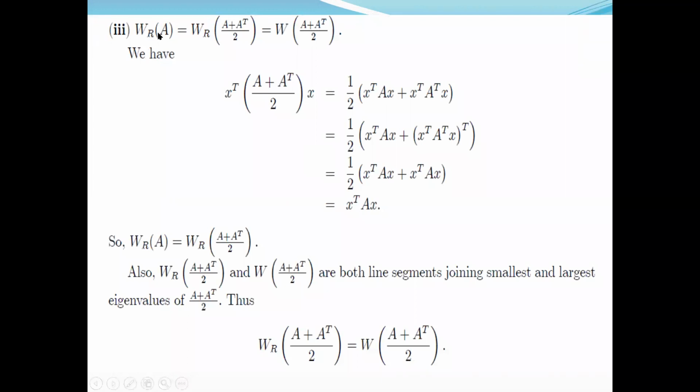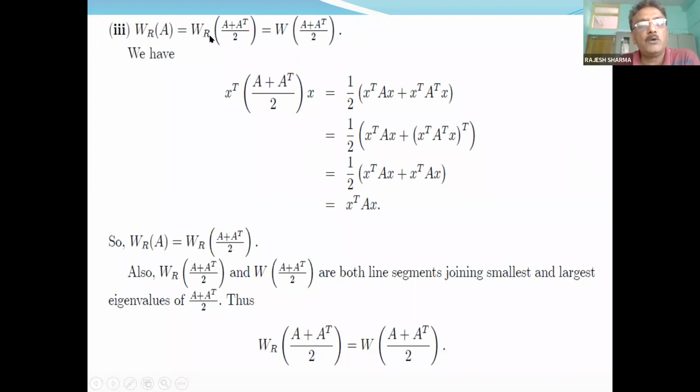Now, the real numerical range of A is equal to the real numerical range of (A plus A transpose) by 2, which is equal to its numerical range. This is so because x transpose (A plus A transpose) by 2 x is an element of WR of (A plus A transpose) by 2.